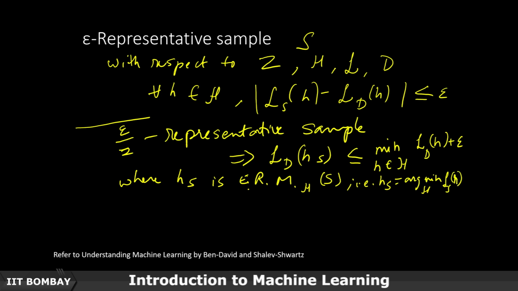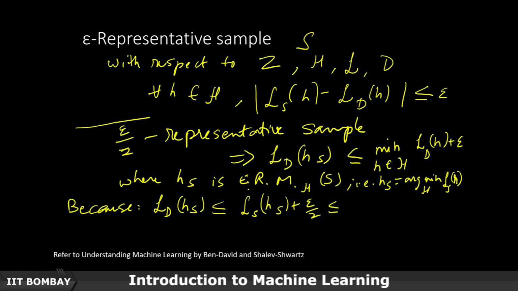Now why would this guarantee it? This is because LD of HS is less than or equal to LS of HS plus epsilon by 2, because it is epsilon by 2 representative, and this is less than or equal to LS of any h, not HS, plus epsilon by 2, which is less than or equal to LD of any h plus epsilon by 2 and plus epsilon by 2.